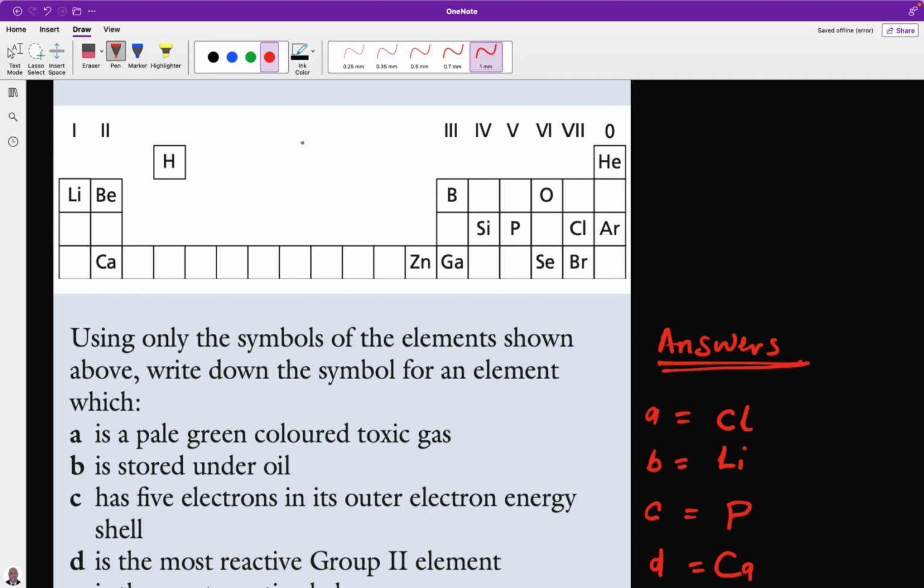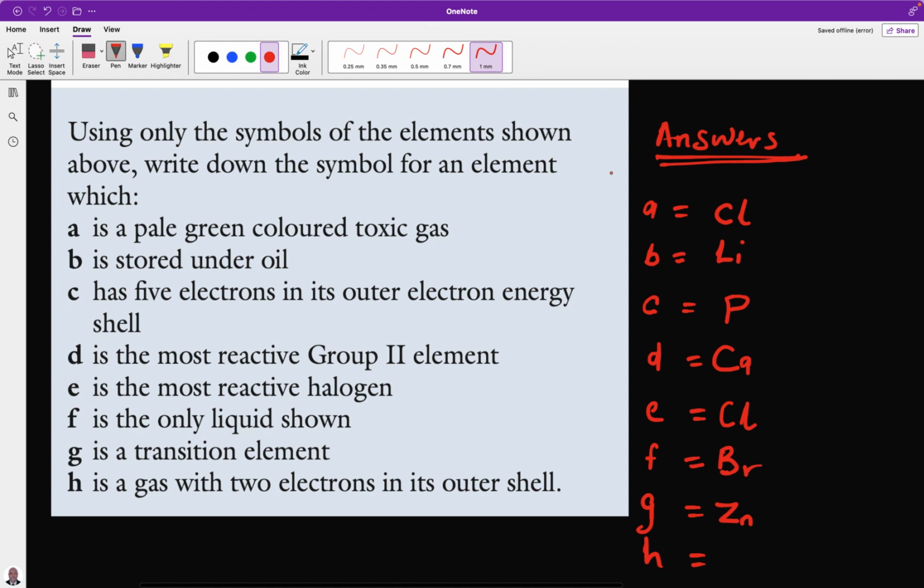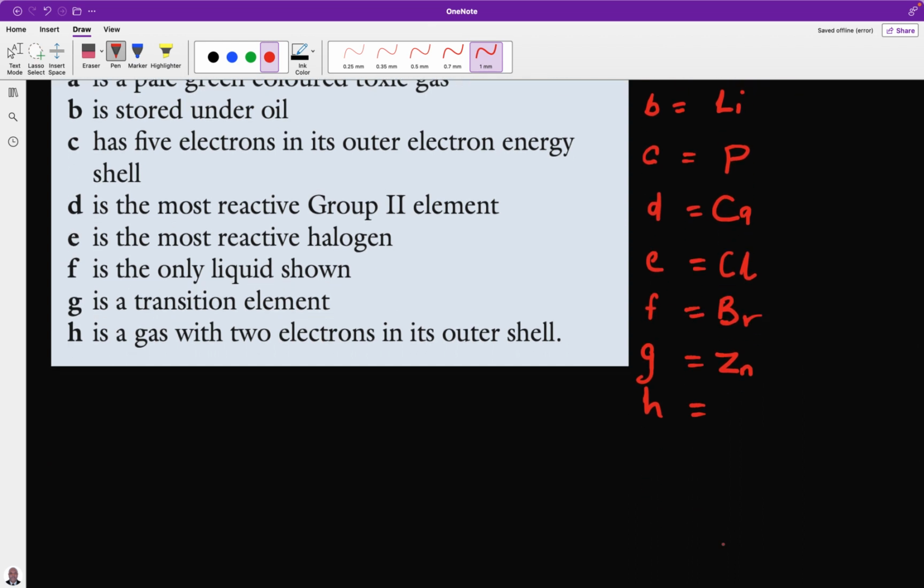Helium is a noble gas, and this is the element we are looking for. So helium is a gas with 2 electrons in its outer shell. So He is the answer. That is it.